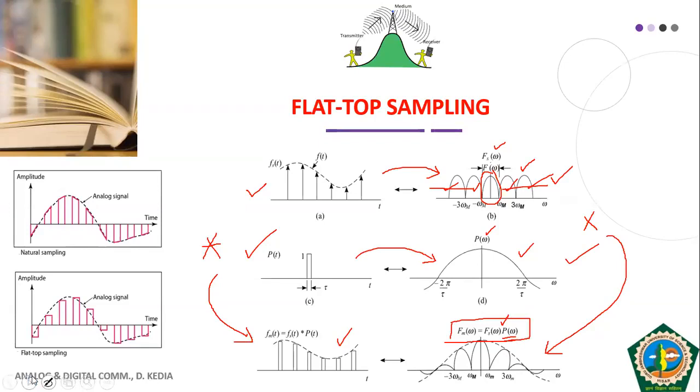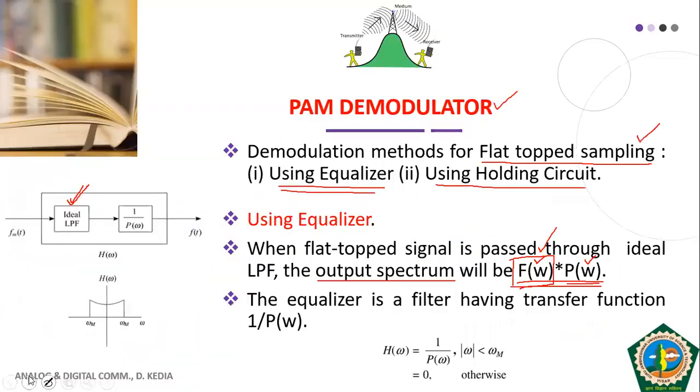Okay, so that's why while demodulating, we want an ideal low pass filter to retrieve our original signal back with some distortion, obviously, and then we need a block that can reverse the distortion that we have introduced. So we use a block whose transfer function is 1 by P omega, and this is what we call an equalizer.